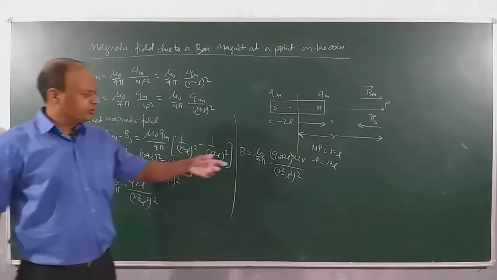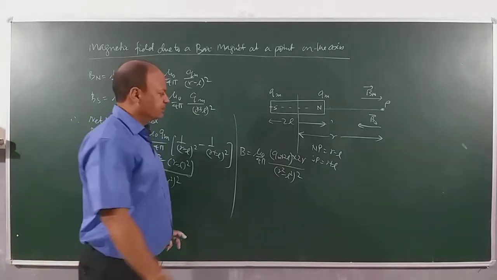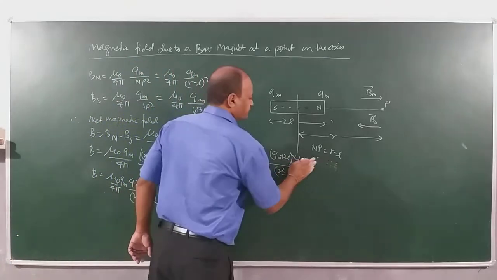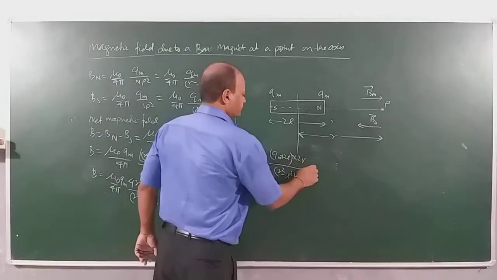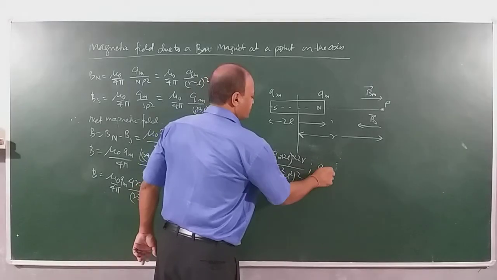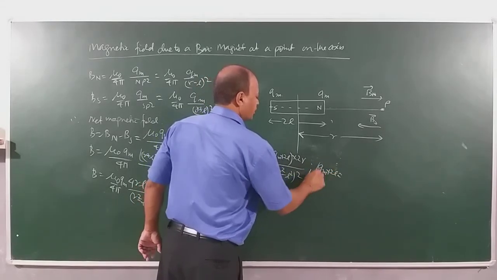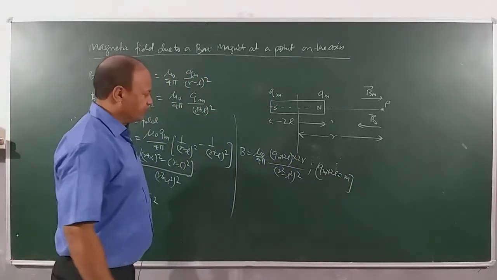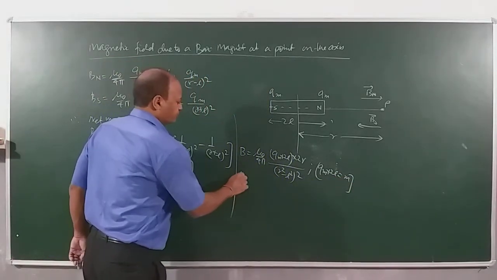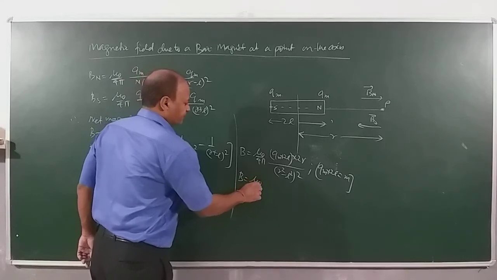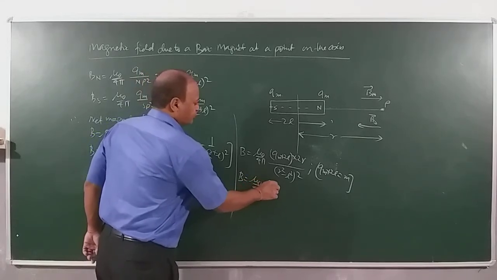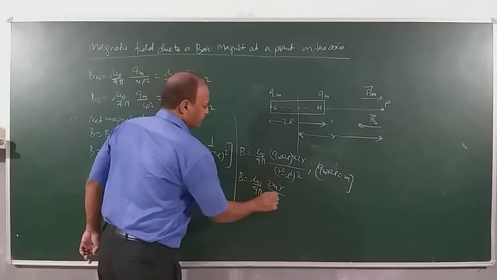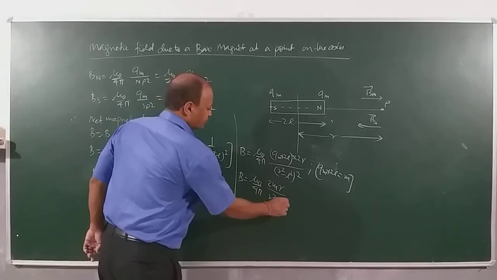And you know that Qm into 2l is the magnetic dipole moment, M. So we get B equals mu naught by 4 pi, 2Mr divided by (r square minus l square) whole square.